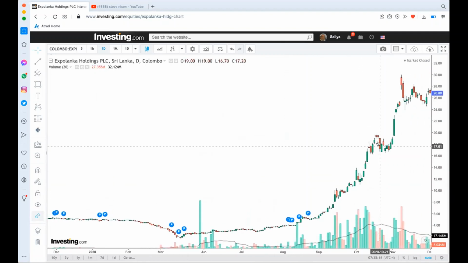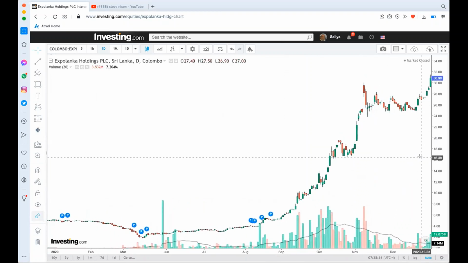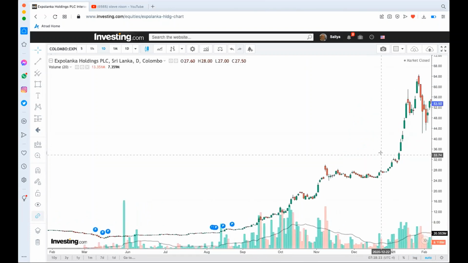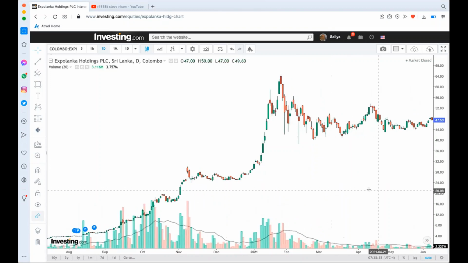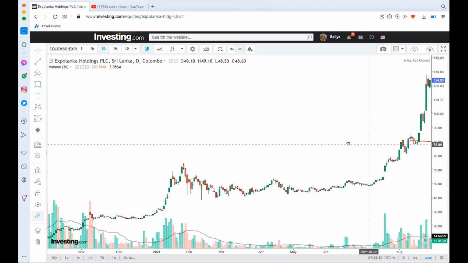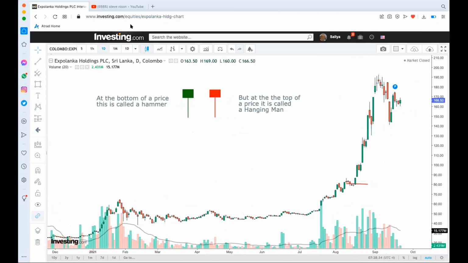You can see here, there is a hanging man, right? So once you spot them based on those formations, it will be easy for us to understand the mechanism or the structure of it. So you have the hammer and the hanging man.